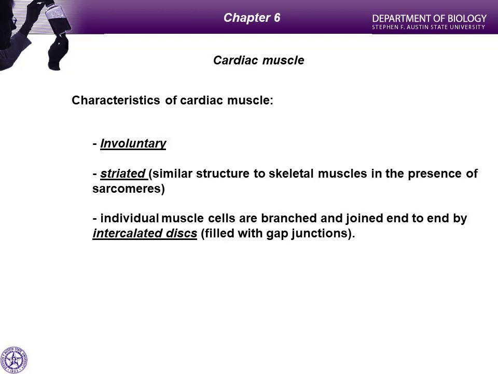I want you to understand that since these cardiac muscle cells do in fact know to contract on their own without the assistance of a nerve, they only have to be started. The electrical activity that starts muscles contracting only has to happen in one place.